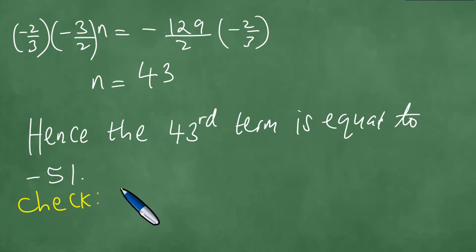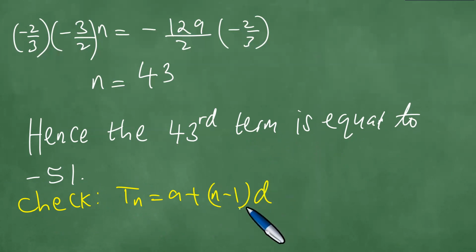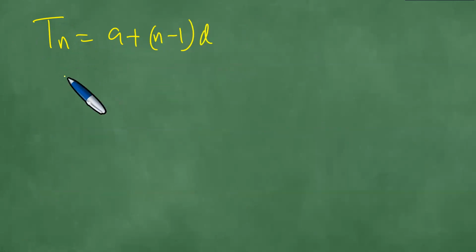So to check that, you can say your Tn is a plus n minus 1 into d. So T43 is a plus 43 minus 1 into d.